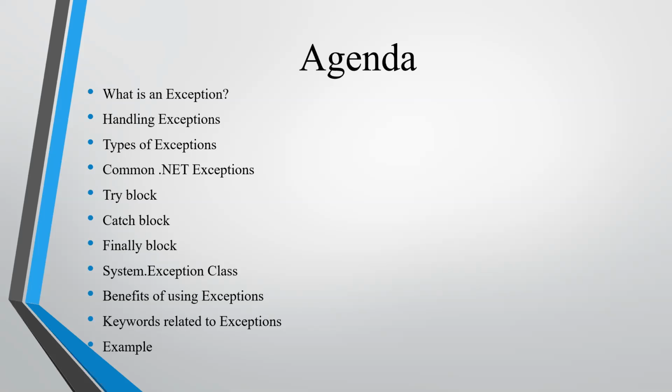Then we'll talk about the three blocks of exceptions: try block, followed by catch block, followed by finally block. Then we'll have a glimpse of System.Exception class. Then we'll see some benefits of using exceptions, some keywords related to them, and a simple example.